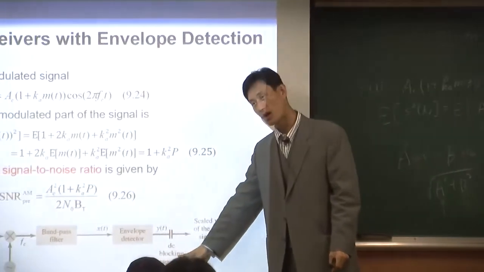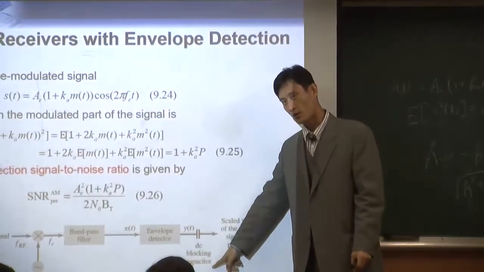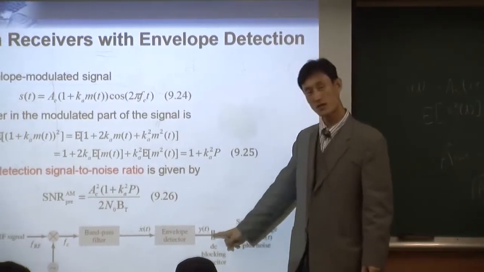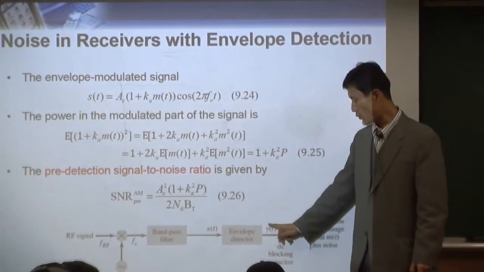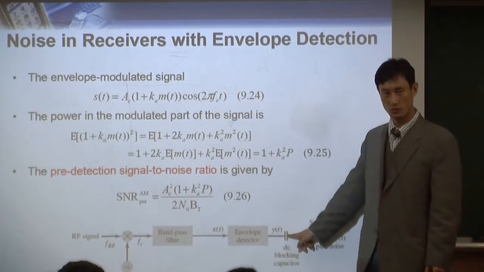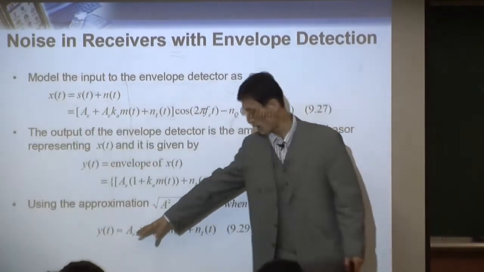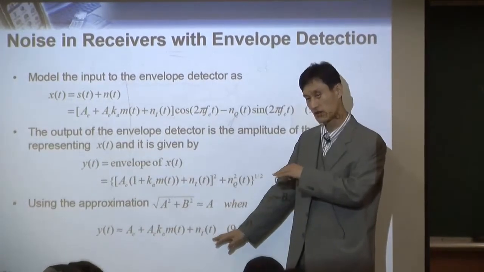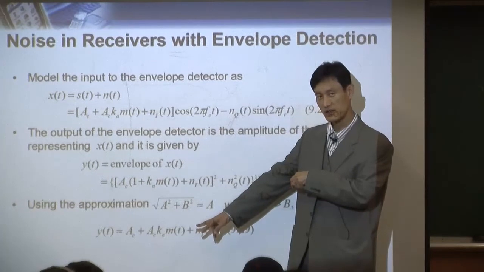That's called the DC blocking capacitor. So we get y(t) as the output of the envelope detector, the envelope, and now we're going to remove the DC.